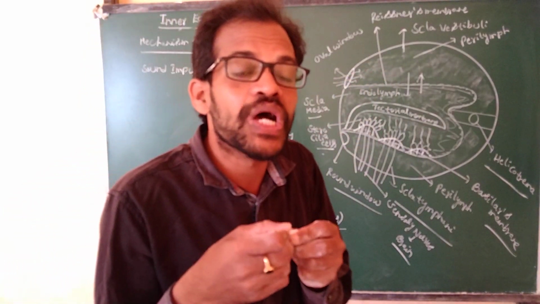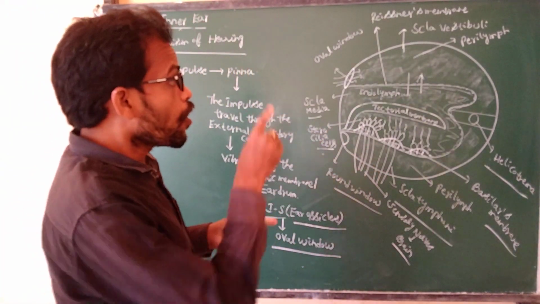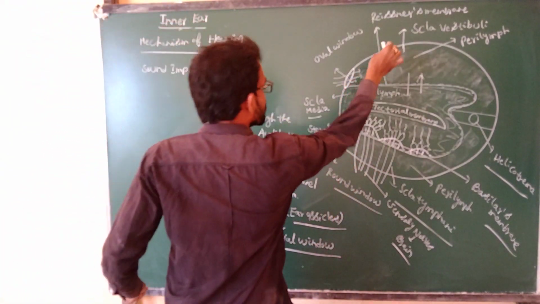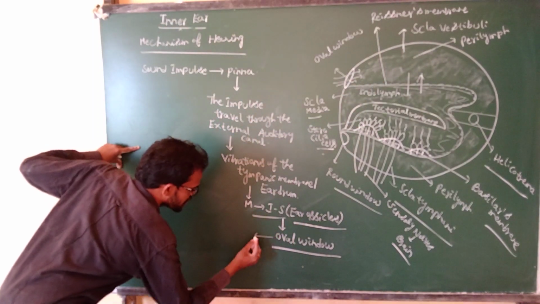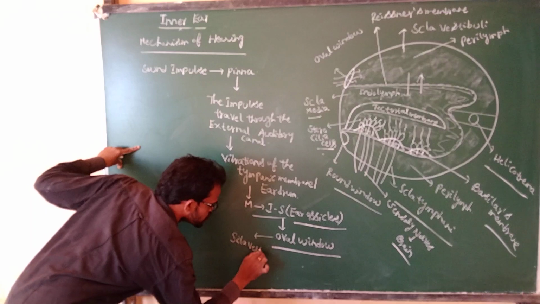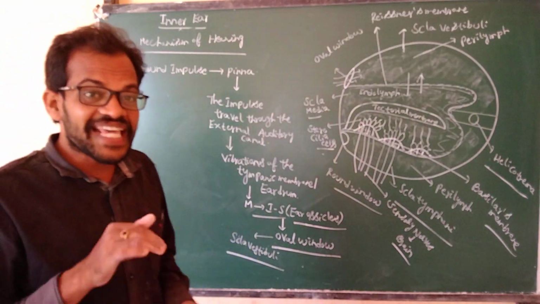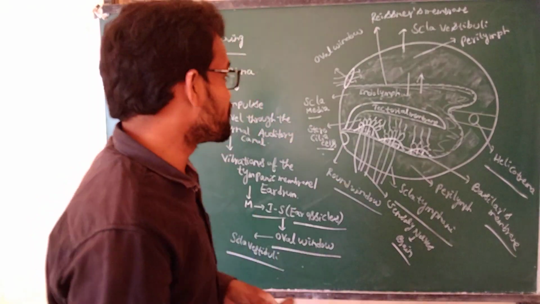The oval window opens into the scala vestibuli, which consists of perilymph.